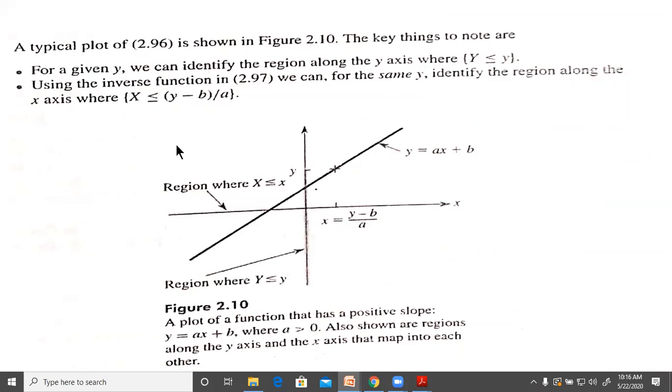The typical plot of the equations we have written, y equal to ax plus b, or x equal to (y minus b) by a, can be drawn like this. This is y equal to ax plus b, and x equal to (y minus b) by a is the inverse of this function.